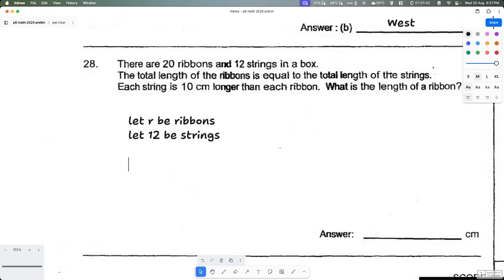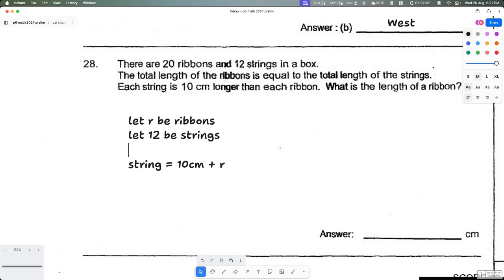Okay, so we know that 20 ribbons times the length, right? So each string is equal to 10 plus each ribbon. So 10 centimeters longer than each ribbon.